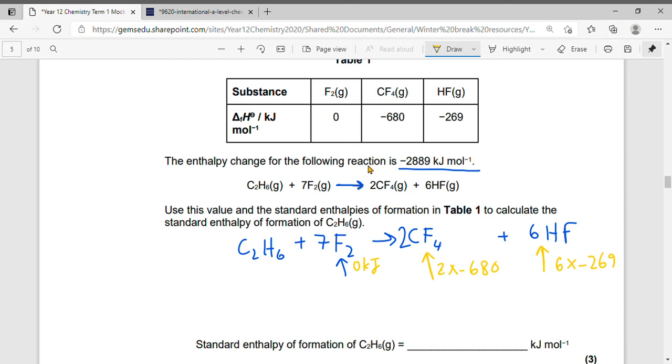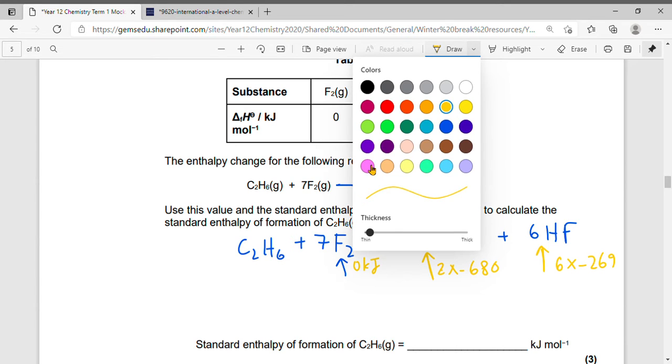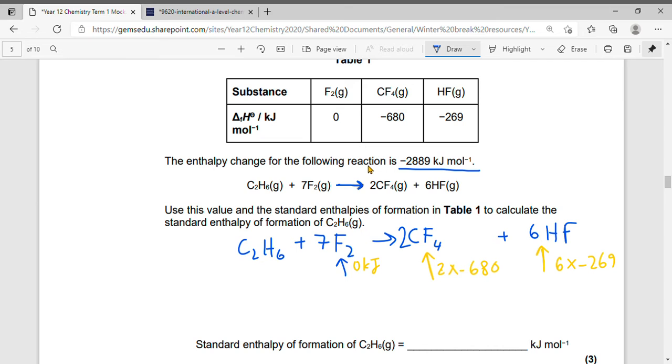So we are actually breaking this, but we're forming this. So breaking this takes in energy plus 0 kilojoules. This is formation, so it releases energy. So in fact, we're going to keep it as it is.